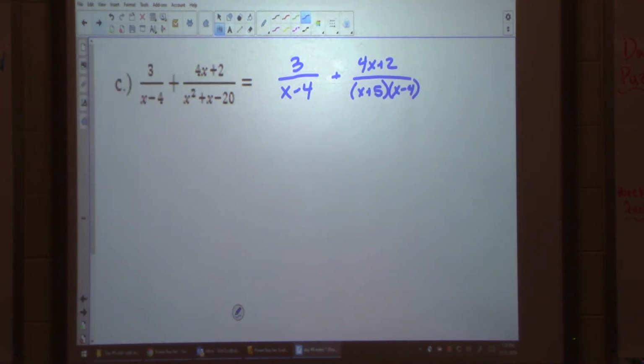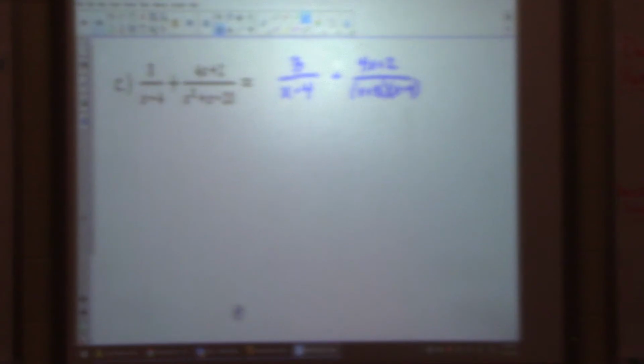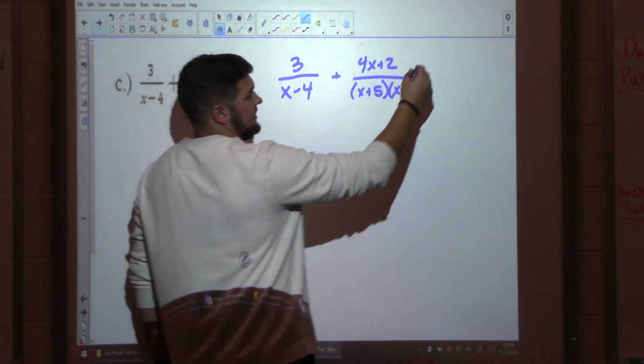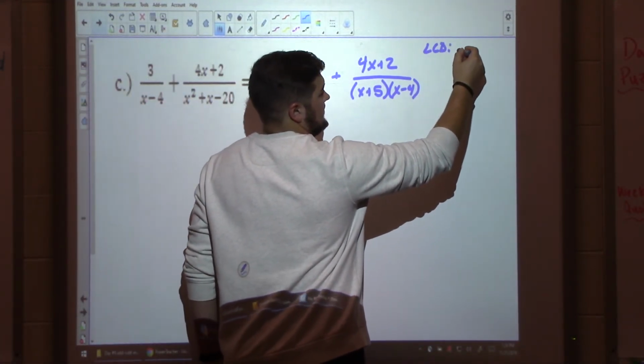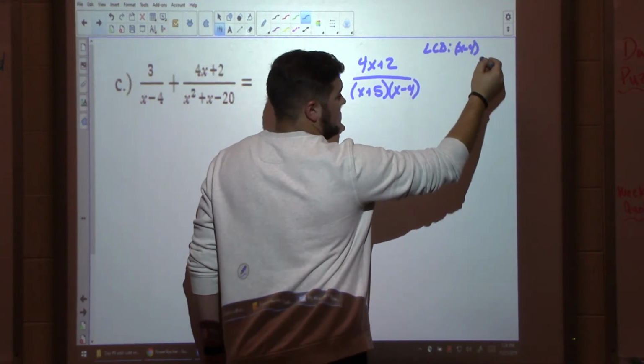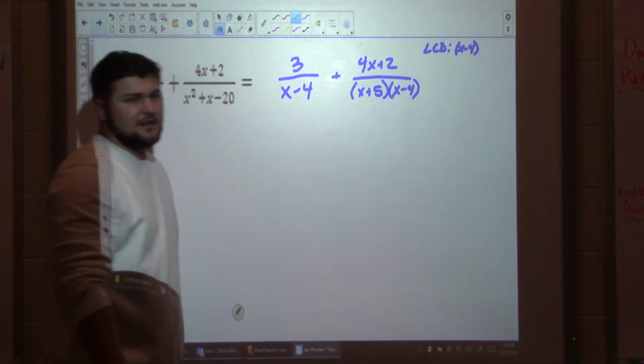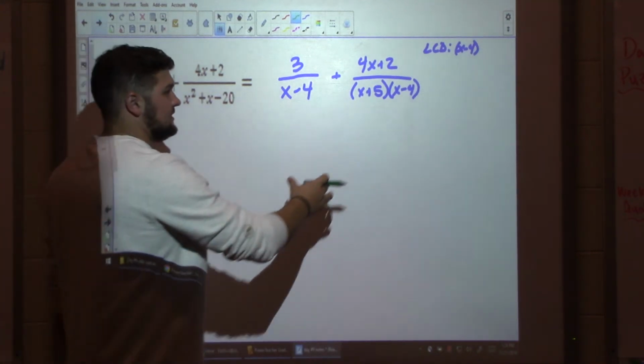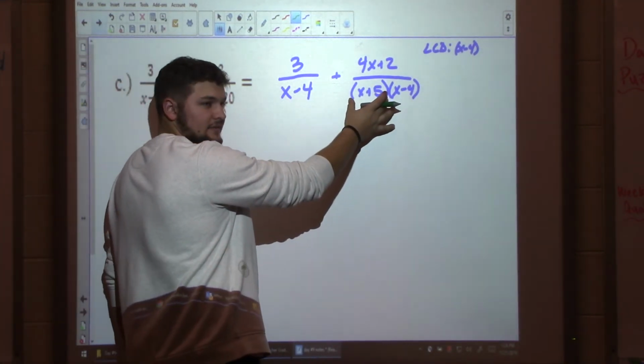Alright. Do they share any pieces? Yeah, they share an x minus 4, right? So I know that's going to be part of my least common denominator. Now, the easiest least common denominator to make here then would be x minus 4 times x plus 5.